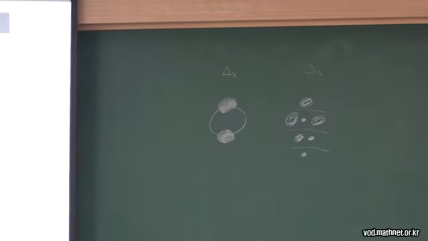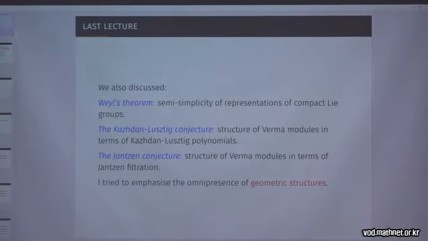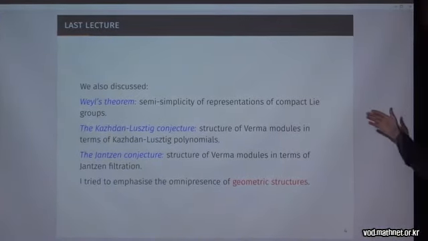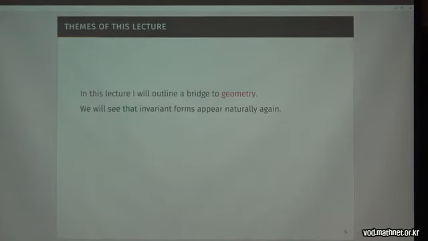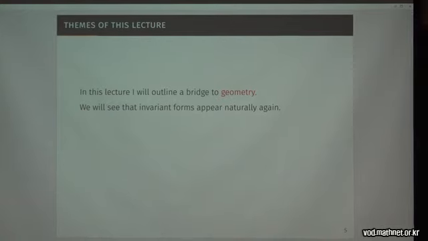In these situations, in Weil's theorem and in the Jantzen conjecture, geometric structures were playing an extremely important role. My apologies, if you weren't in the last lecture it won't be so important, but it's rather important for this slide. Now I'll explain a bridge to geometry, and invariant forms will again be extremely important.